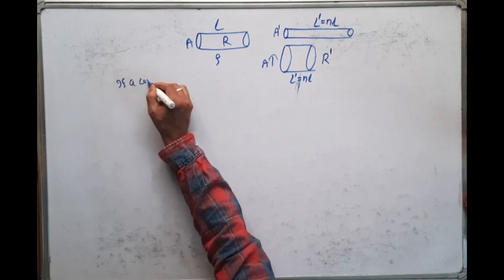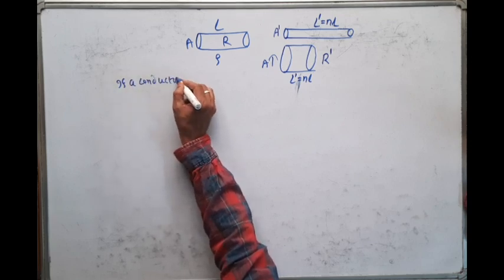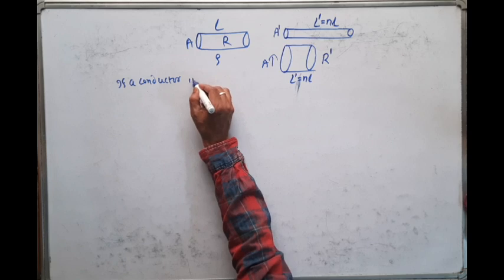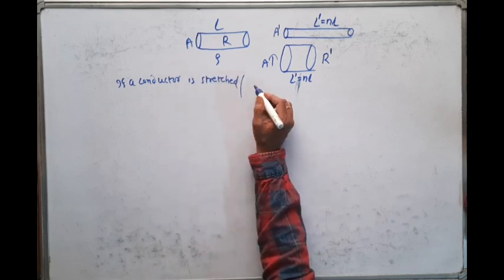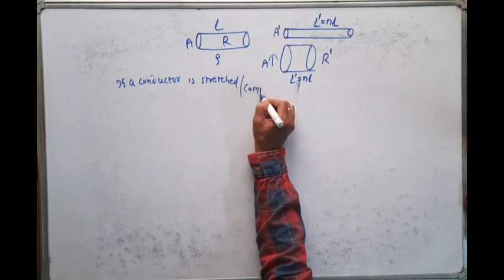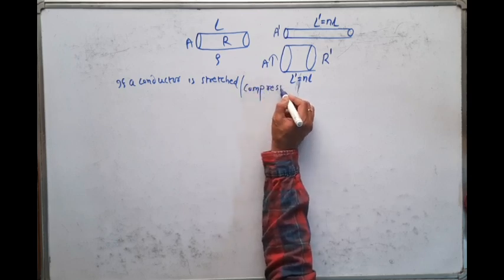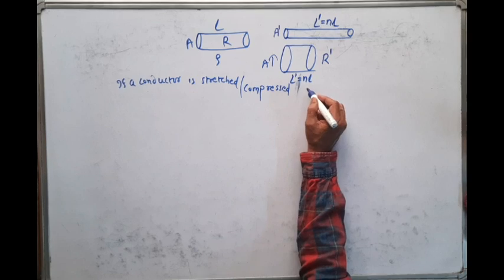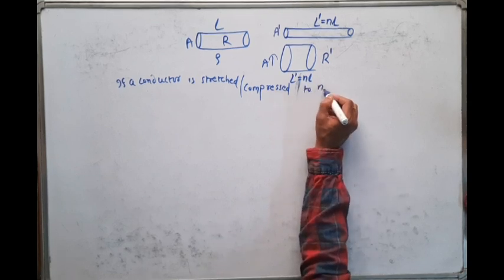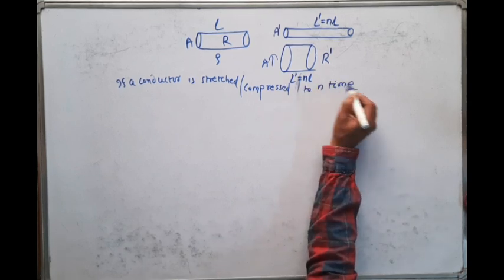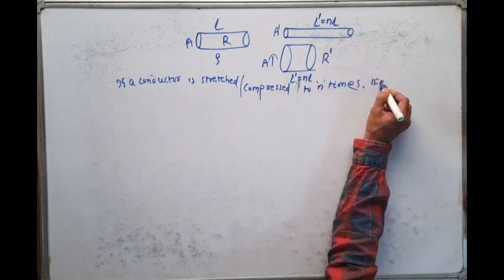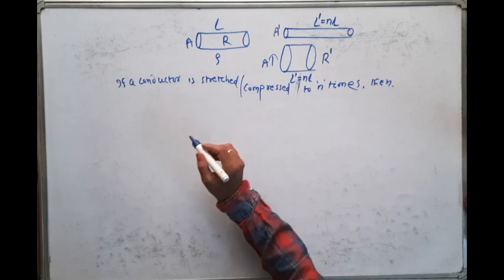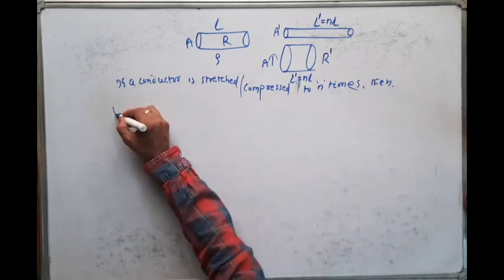So I am writing here, you can write: if a conductor is stretched or compressed to n times, then volume will remain constant.